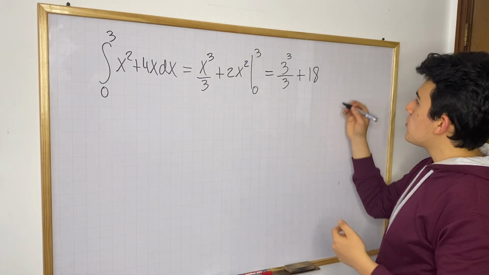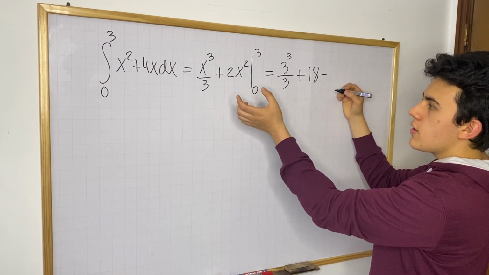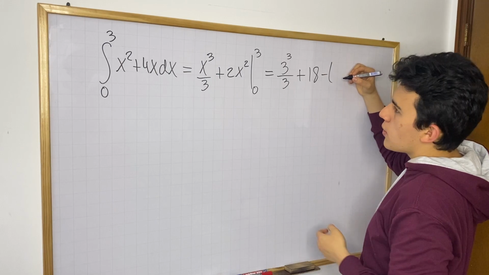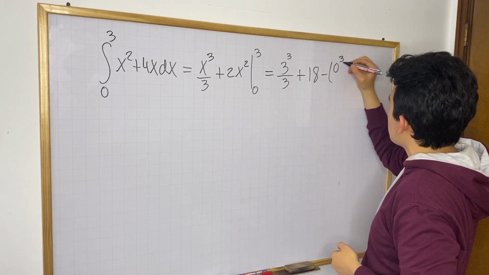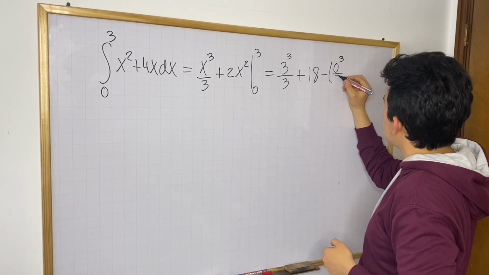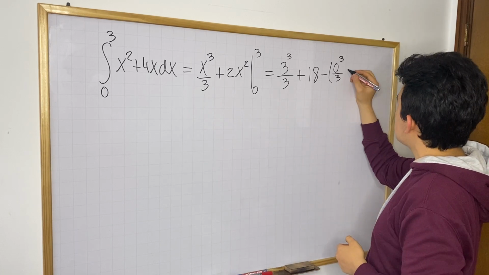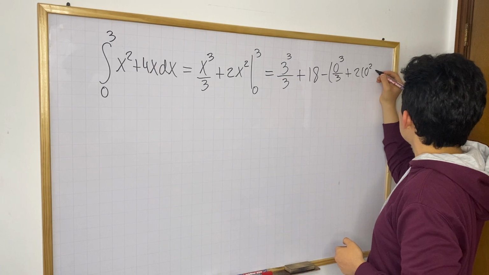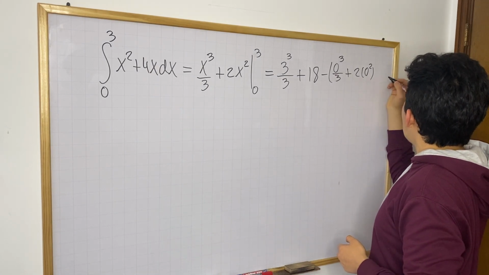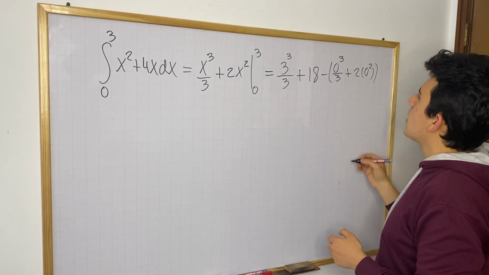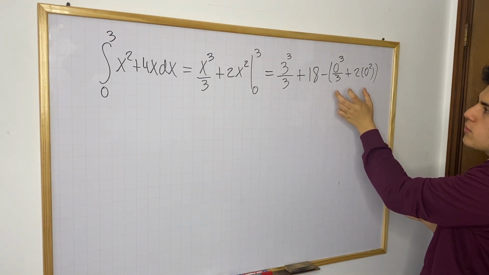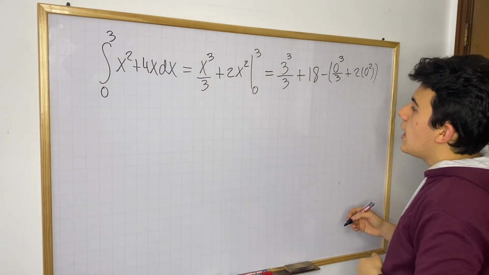And now we need to subtract this entire function evaluated at 0. Now this is going to be pretty easy, but I'm still going to write it so that we can be explicit in the steps that we followed. So we know this is going to be 2 times 0 squared. Of course this right-hand term is going to be 0, so we don't really have to subtract anything.